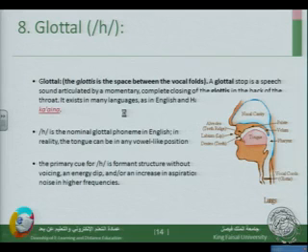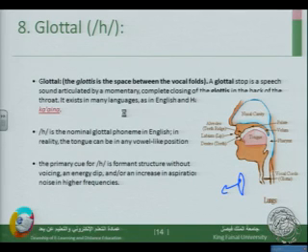The glottal ha or h. This is ha. The glottis is the space between the vocal cords. As we learned, at the Adam's apple we have vocal cords. The letter H occurs here. So the glottis is the space between the vocal folds. The glottal stop is a speech sound made by momentarily, completely closing the glottis in the back of the throat.